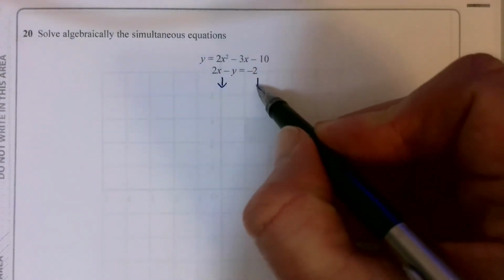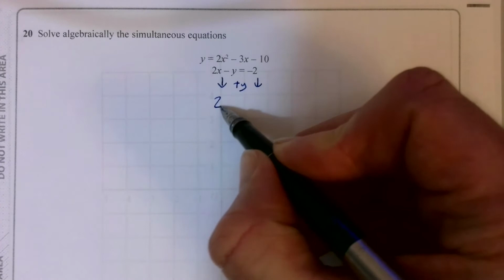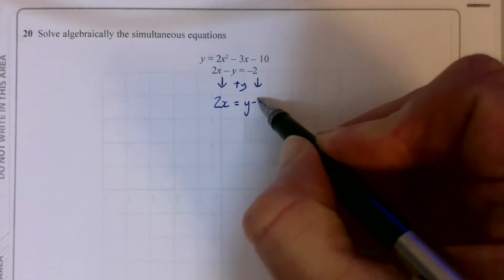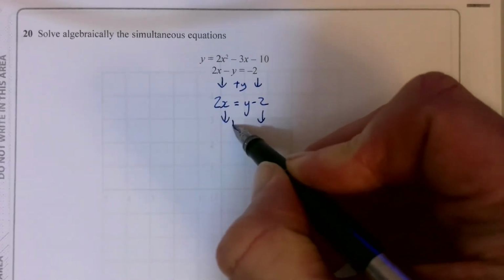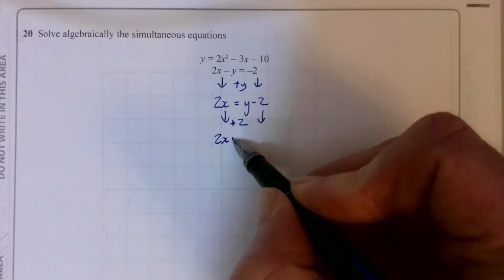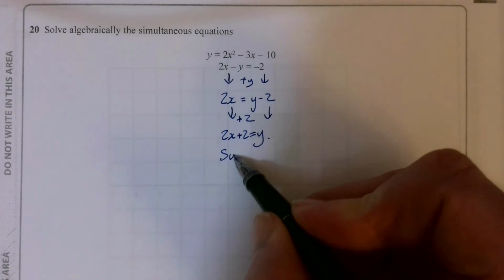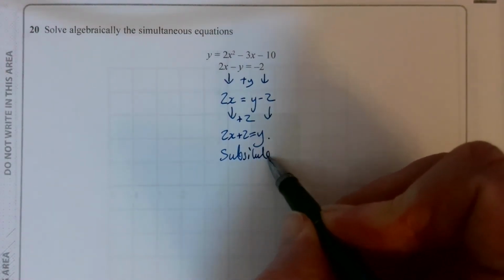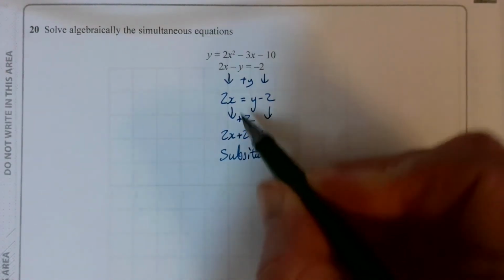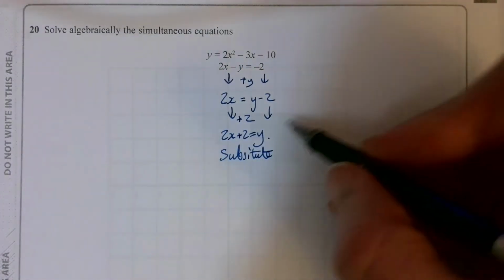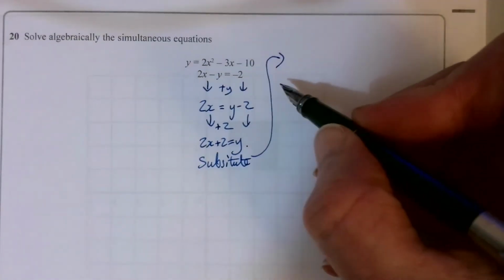If I add y to both sides, I get 2x equals y minus 2. If I add 2 to both sides, I get 2x plus 2 equals y. I now substitute my 2x plus 2 for the y that we've got there. So let's do that up here.